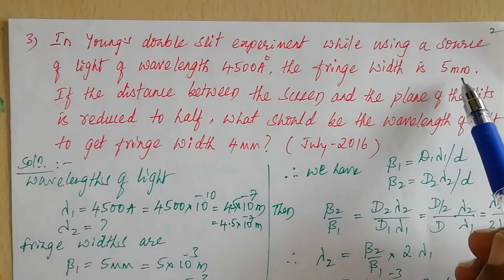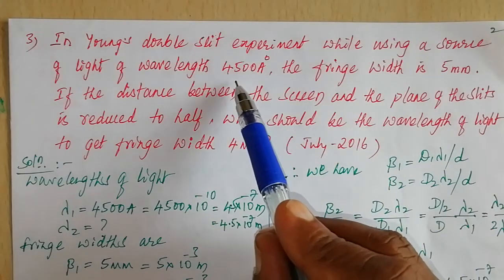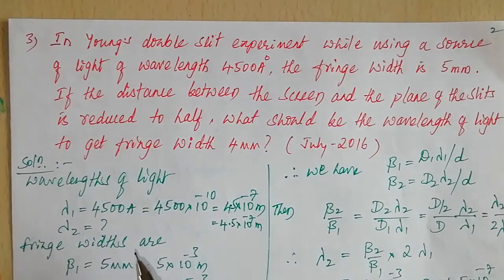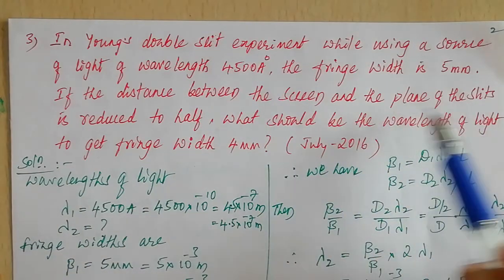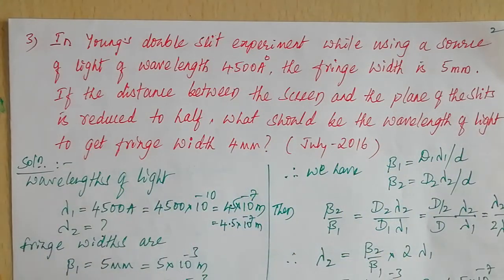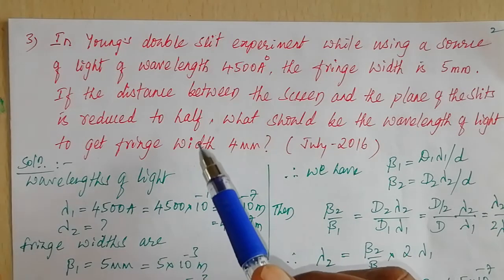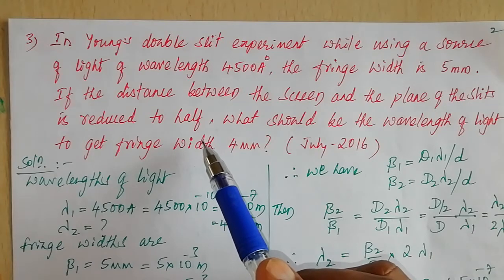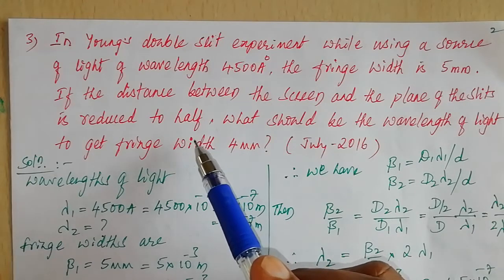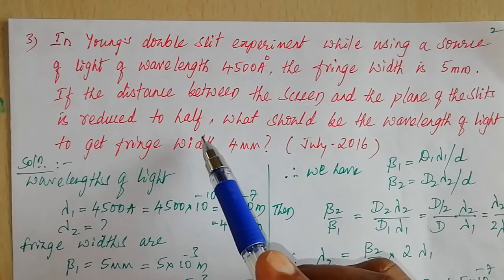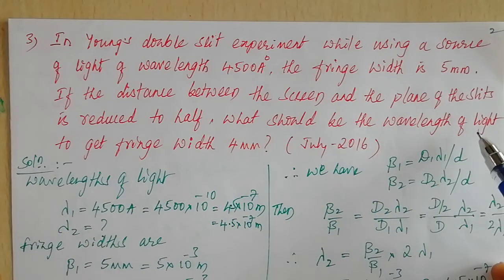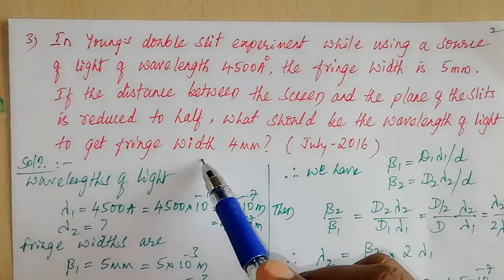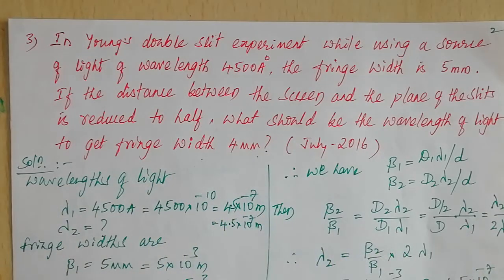Beta is 5 millimeter, lambda 1 is 4500 angstrom units. If the distance between the screen and the plane of the slits is reduced to half, capital D is the screen distance. When the screen distance is reduced to half, then we have to take the new screen distance as D by 2. Then what should be the wavelength of light to get a fringe width of 4 millimeter?